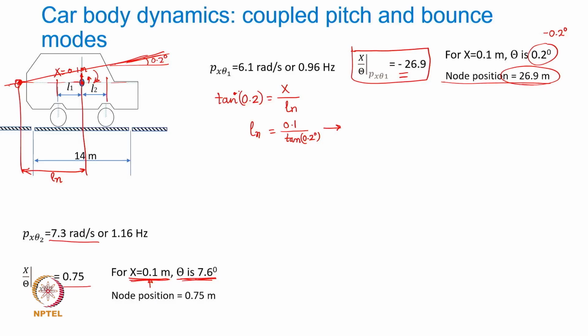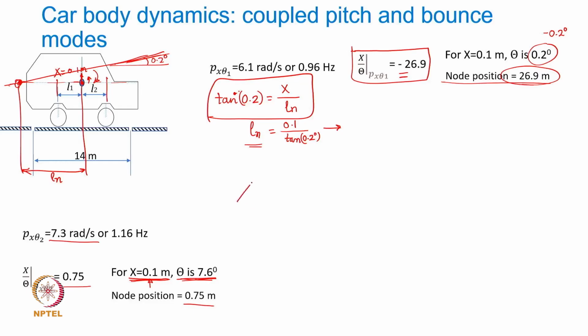Now if you use this in the same expression as this, because here also in the second mode the body is not only going to bounce but it is also going to pitch. Now if that happens for 0.1 meter motion vertically up, theta is going to be 7.6 degrees. Okay, and if you calculate the position of the node, it's going to be 0.75.